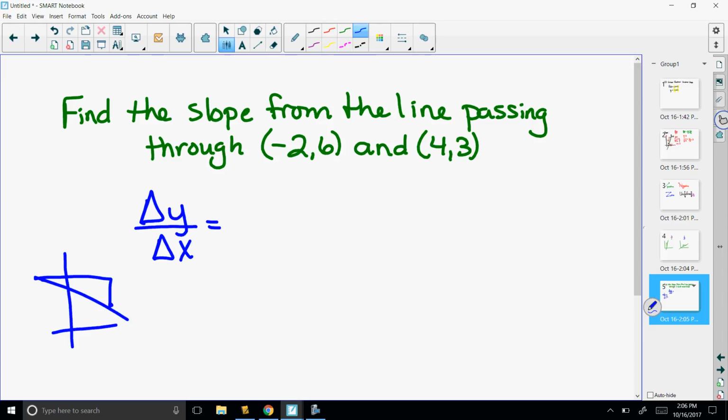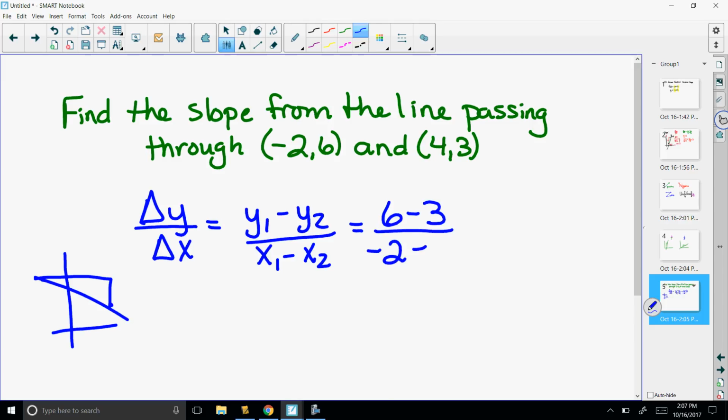So the easier, or another method is change in y over the change in x, which is the first y value minus the second over the first x value minus the second. What's the first y value? 6 minus 3 over, which gives you 3 over -6, which reduces down to -1/2.